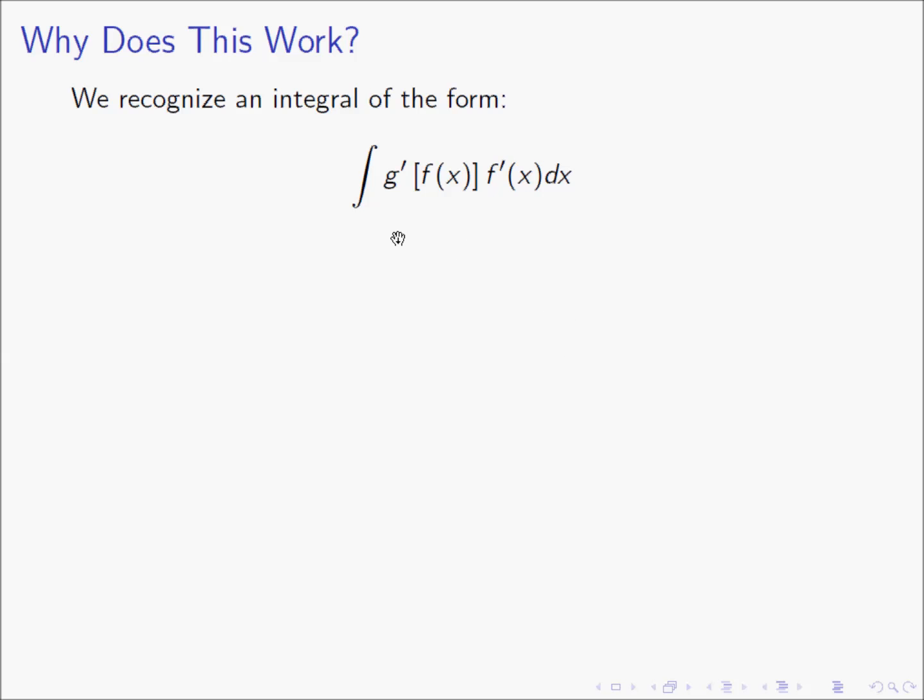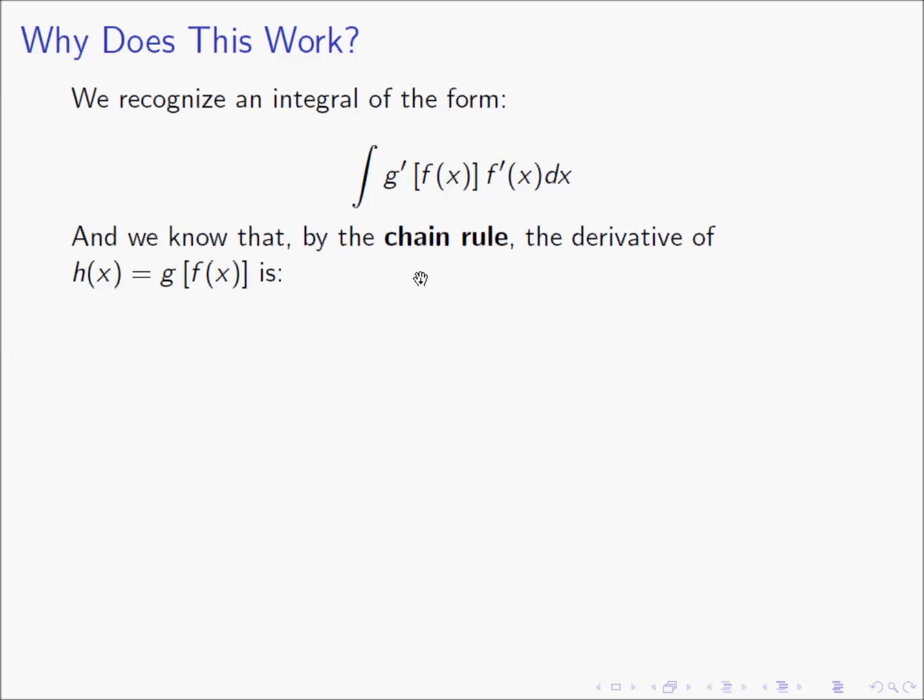Now let's talk a little bit about why this works. What we did is we recognized an integral of this form, g prime of f of x times f prime of x. Do you recognize this? We've seen this type of function when we studied the chain rule for derivatives.